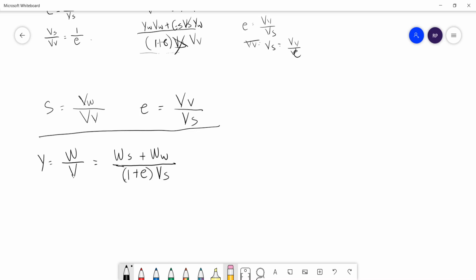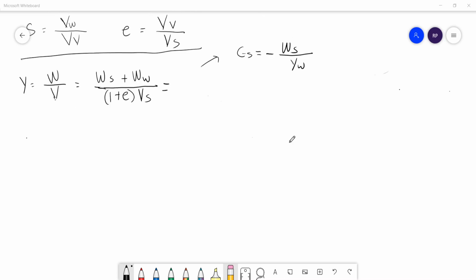Now we expand your Ws from the definition of your Gs. That is Gs equal to Ws all over Vs Yw.